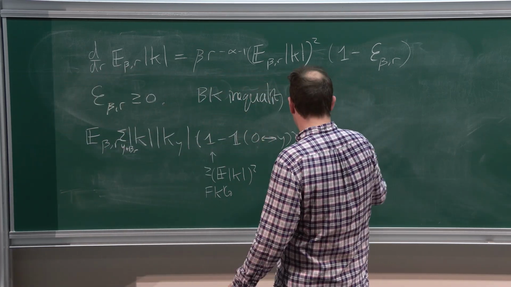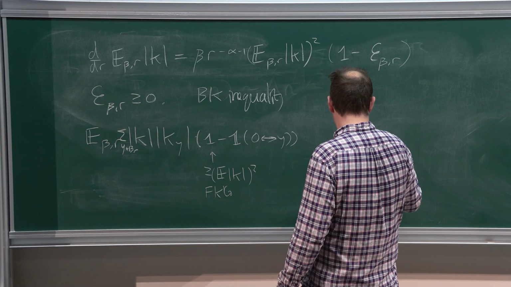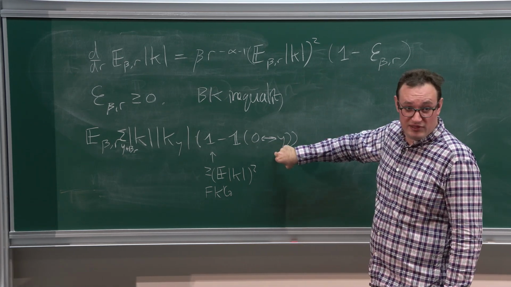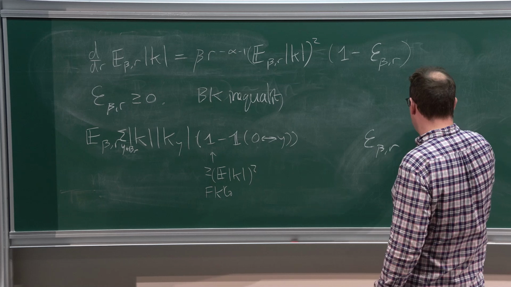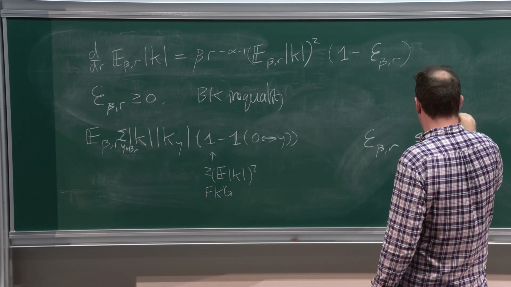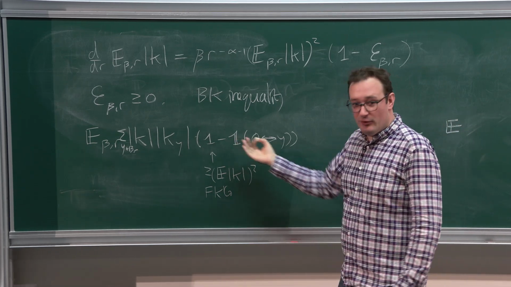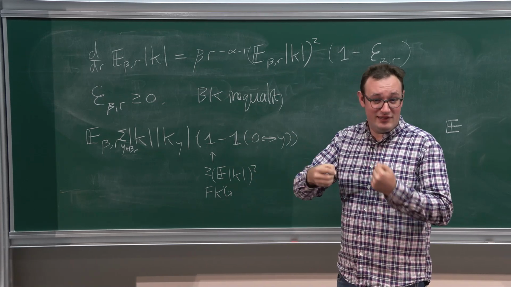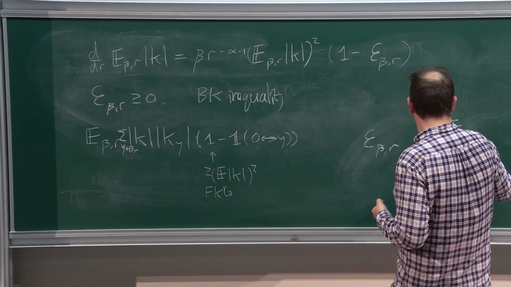Now what about this last term? So what I get is that this error is bounded by the contribution from this term, which, if I'm summing over y in the ball on the indicator that they're connected, is just the same as summing over the intersection of my cluster with the ball.